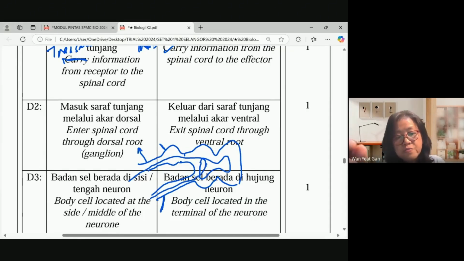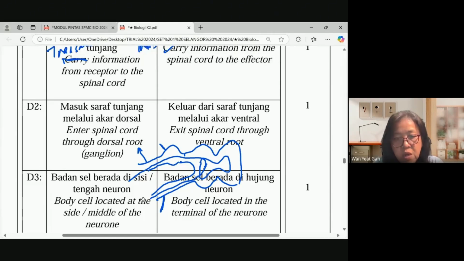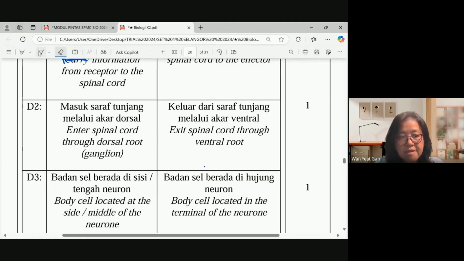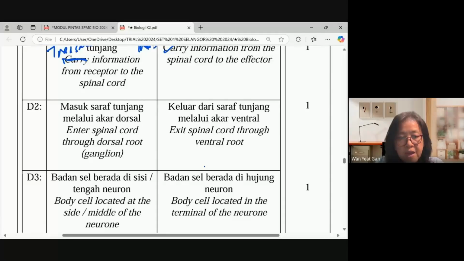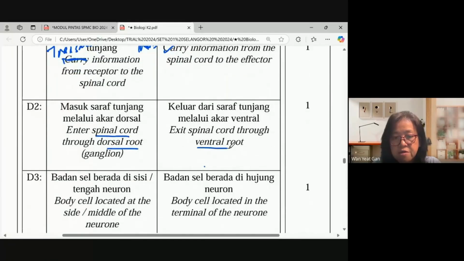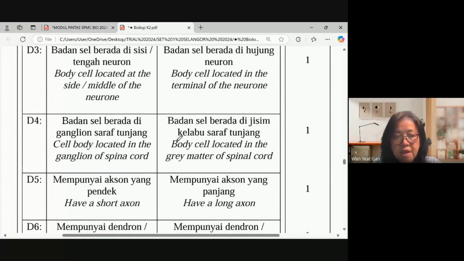So the ventral root is for motor neuron. The nerve that comes out through the ventral root is motor neuron. So sensory neuron enters the spinal cord through dorsal root, but motor neuron exits the spinal cord through the ventral root. Cell body is located at the middle of the neuron.